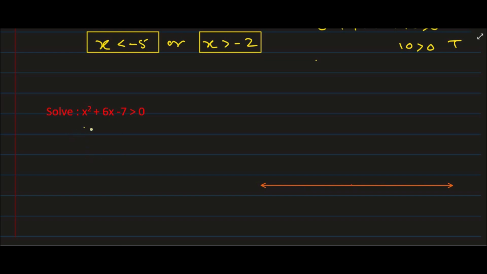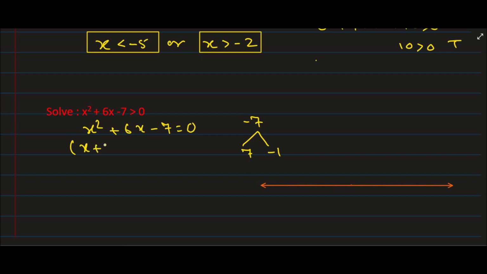So let us consider this as an equation: x square plus 6x minus 7 equal to 0. Minus 7 is the last term, so find two factors that add up to plus 6. If I take 7 and minus 1, 7 into minus 1 gives minus 7 and 7 minus 1 gives plus 6. So this is working.